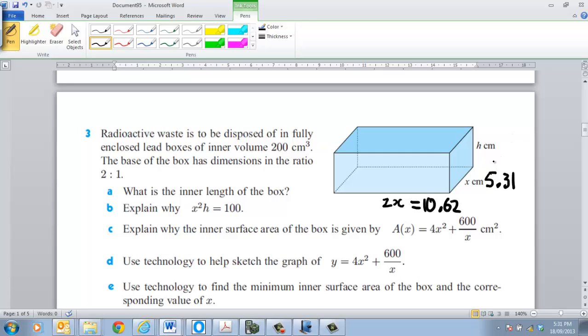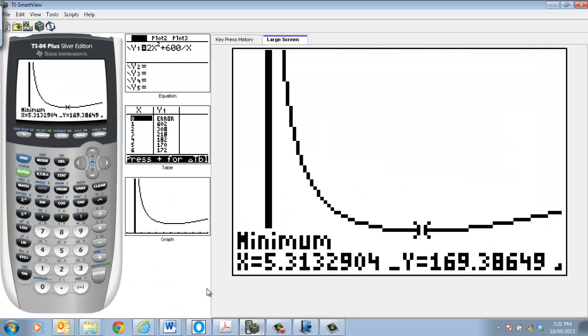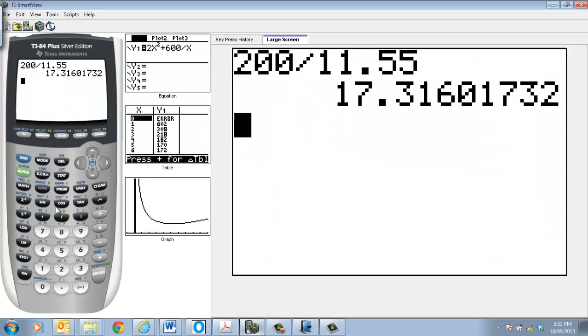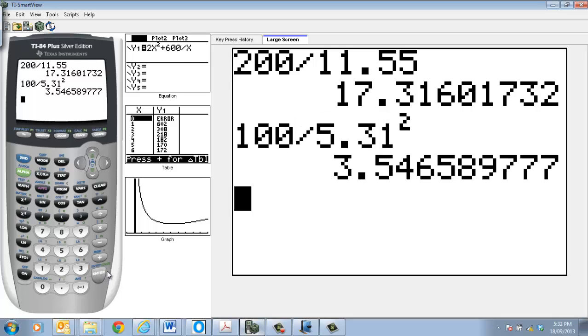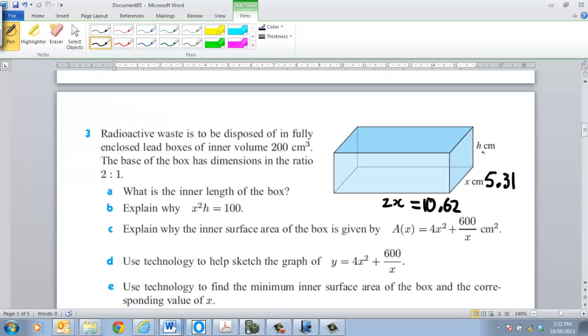And we know h is equal to 100 divided by x squared, so you can simply do that on your calculator: 100 divided by 5.31 squared gives a value of 3.55. So now we know the dimensions of our box. Make sure you're putting your units on there, they're all centimetres.